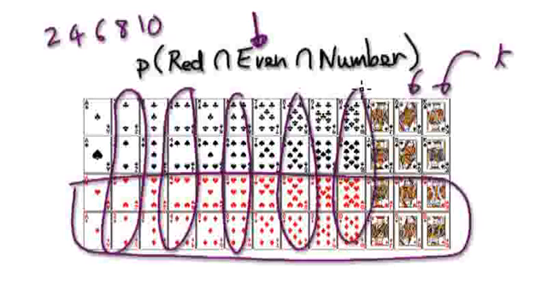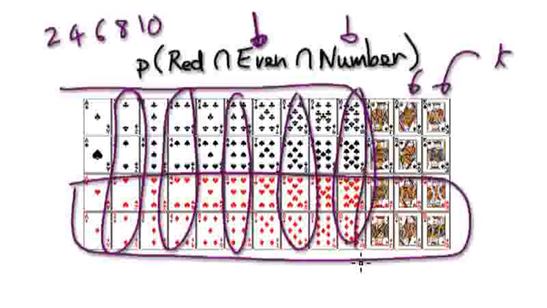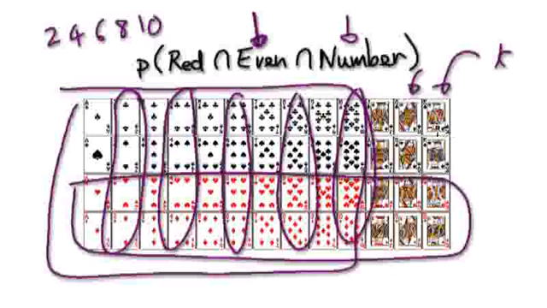And it has to be a number card. So a number card would be all these here. These are not, these are picture cards. Well, you want to pick out a card where it's red and even and a number. It just boils down to these here.